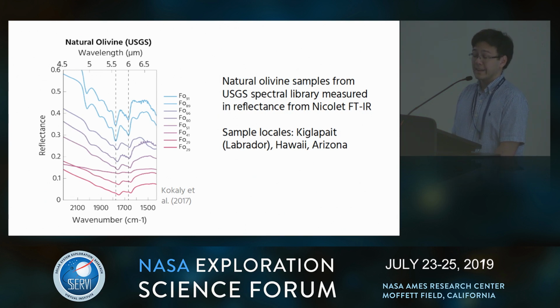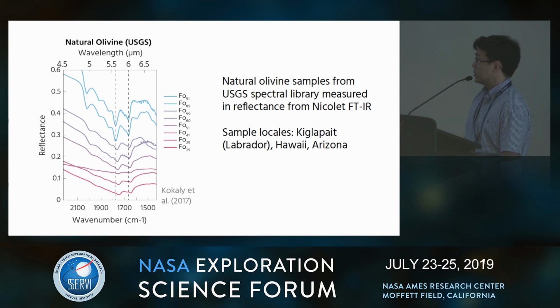The thing that we wanted to next see was, does this pattern that exists in synthetic olivines also exist in a messier reality? So to this end, we compiled data from the USGS Spectral library, and these olivines come from a variety of sources.